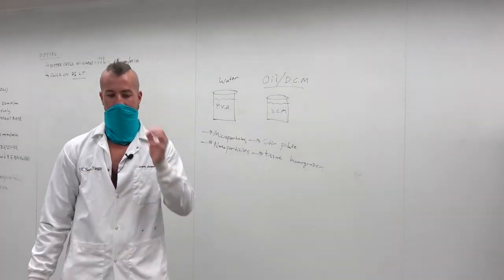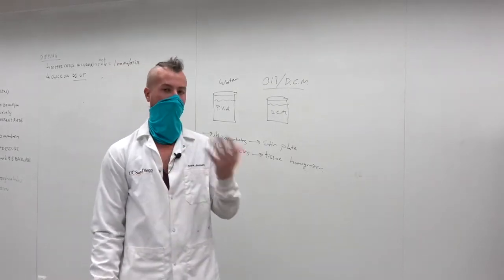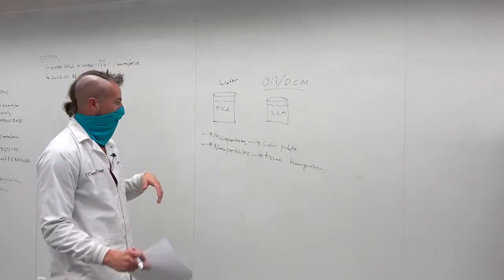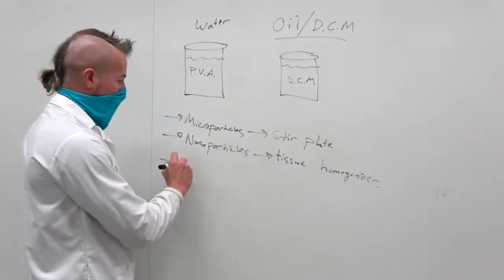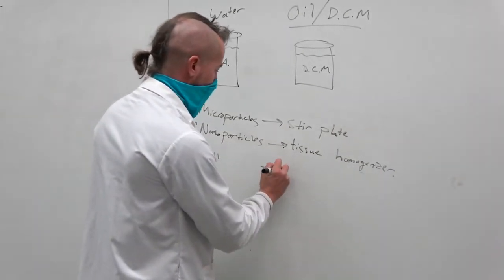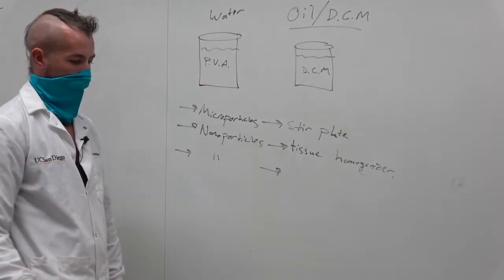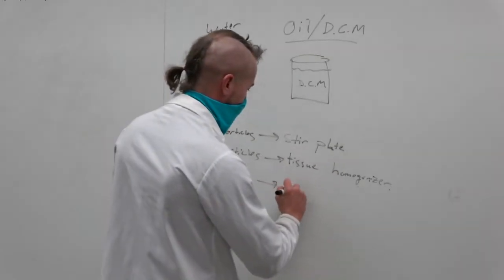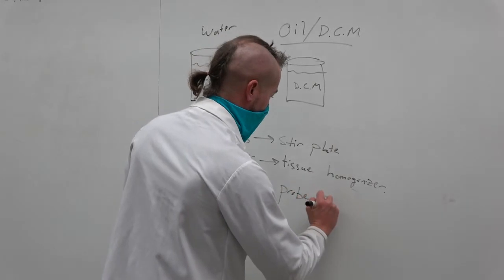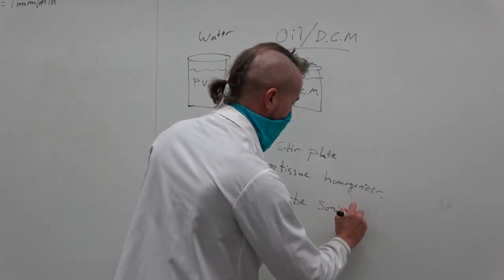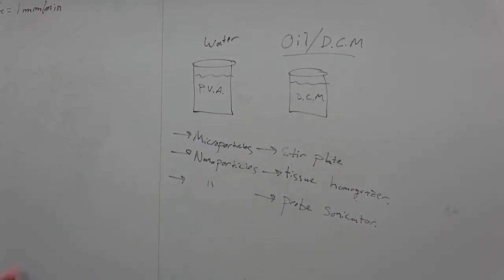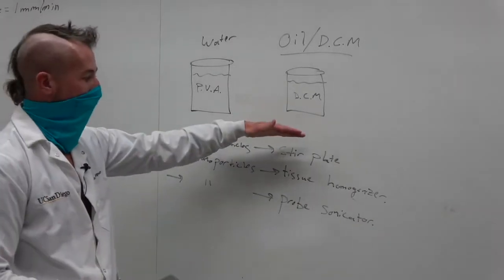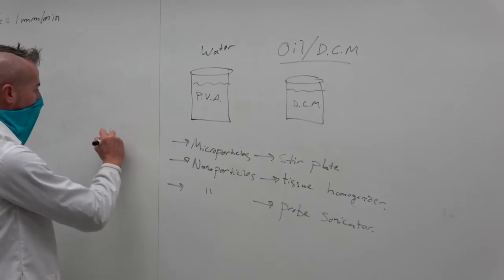This is a device you would use to grind up tissue. There's also a way to make nanoparticles with a probe sonicator. And this puts a ton of energy. So this is increasing order of energy.